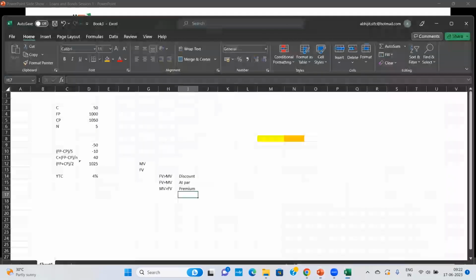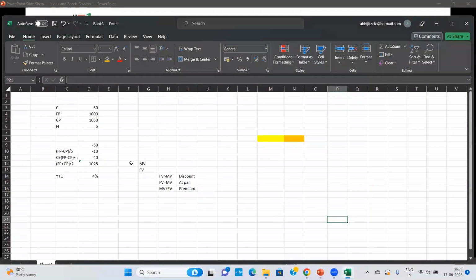Now, what I have considered here as 1050, if I consider as 950, what happens? Then YTC is 6%. It is better to call it right now rather than hold it till maturity.